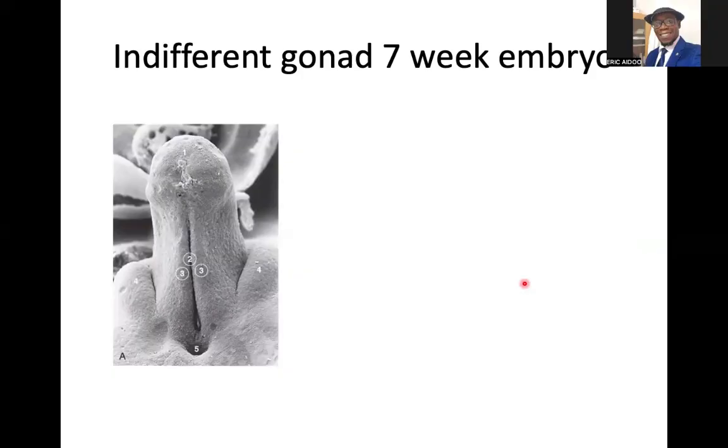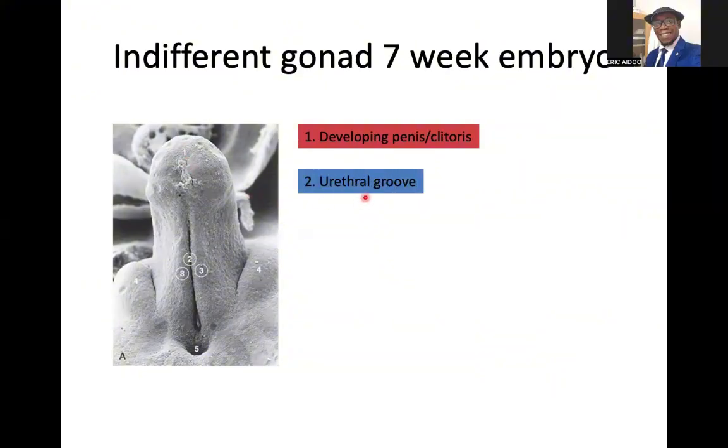But at a point, you can't tell whether the external genitalia is actually going to form a penis or clitoris. And in the same way, the gonad too may not be seen as a testis or an ovary. So let's look at it. That is one, developing penis or clitoris. Urethral groove is number 2.